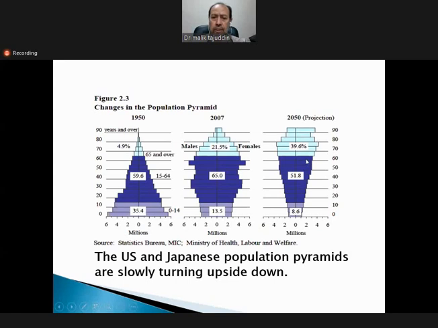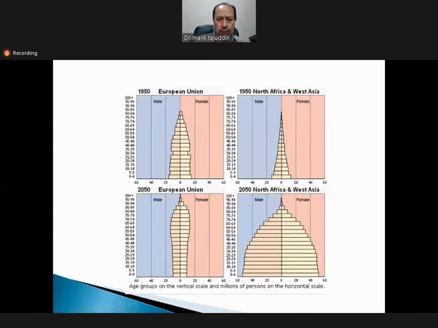Then to zero or negative growth, like Sweden or Germany, with consistently decreasing birth rates and death rates as well. And now you see what will happen.